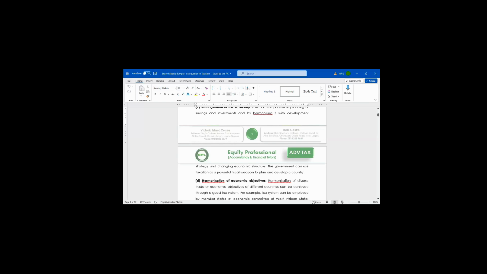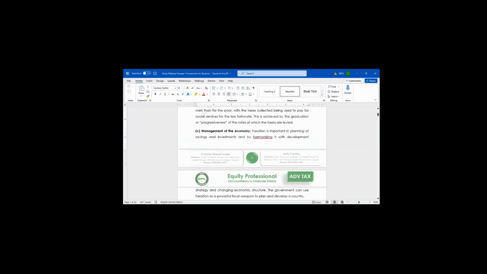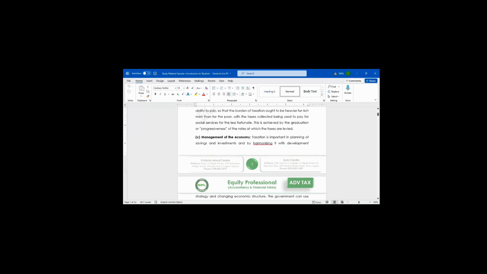If government wants to ensure that the price of goods and services is reduced, they will reduce the rate of tax so that the manufacturer can reduce the price of goods and services. Sometimes they can also subsidize the price of goods and services. So one of the objectives of taxation is management of the economy.